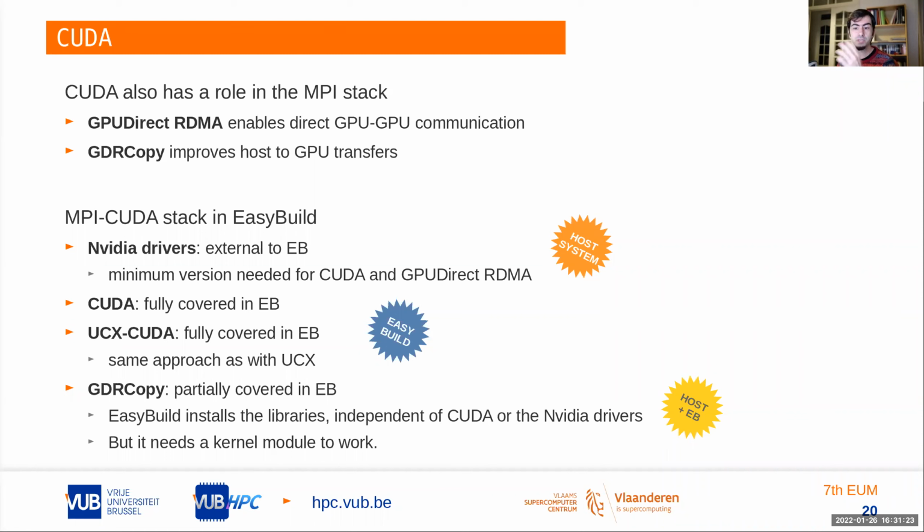Nonetheless, even if you don't want support for GDRCopy or have no use for it, having the libraries installed is not an issue, because those do not depend directly on CUDA or on the NVIDIA drivers, so it's not a problem having them installed. So for CUDA, basically there's some manual check that needs to be done, but it works basically out of the box, as long as you have the required drivers installed.